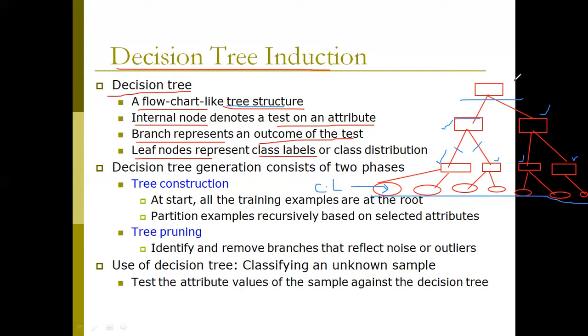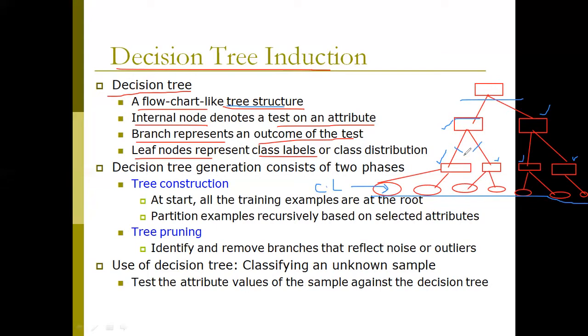Why do we call this a tree structure, or a decision tree? Here you are representing all the class labels in leaf nodes, right?